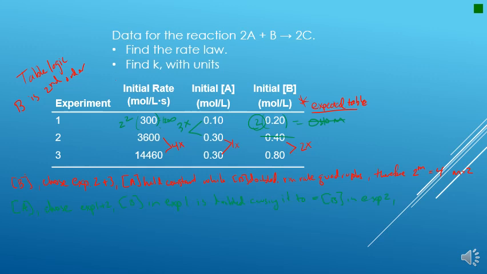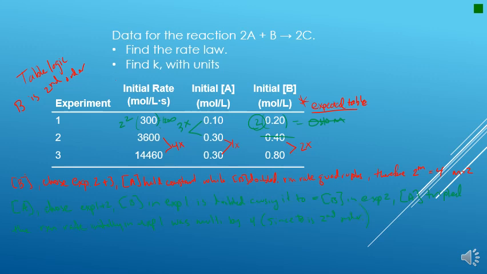And then from there, we can say that the concentration of A is tripled. The reaction rate initially in experiment 1 was multiplied by 4. Again, that's since B is second order.